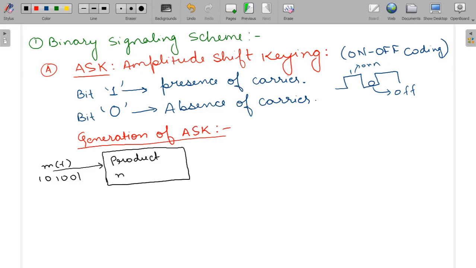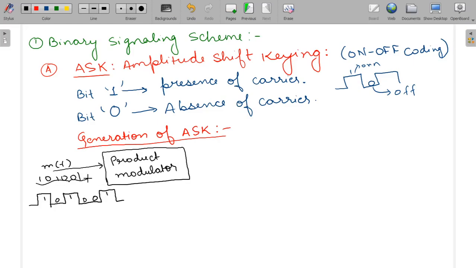This is our product modulator. Now 1 is represented as 5 volt like this, and 0 is 0 volt, and again 1, then 2 times 0, then 1. You see, this is our signal, 1 0 1 0 0 1.